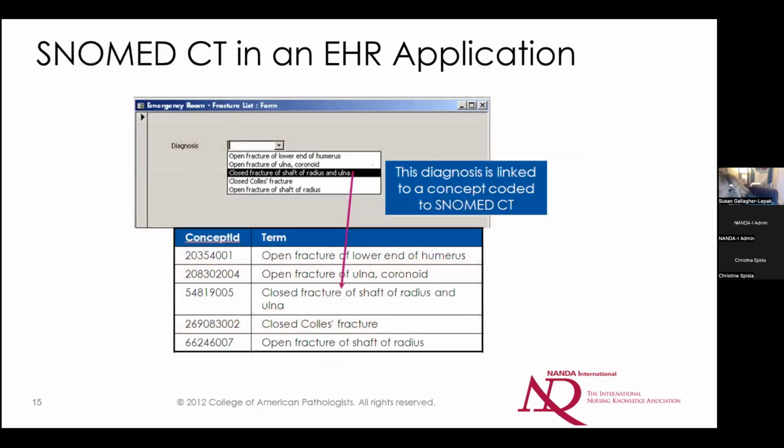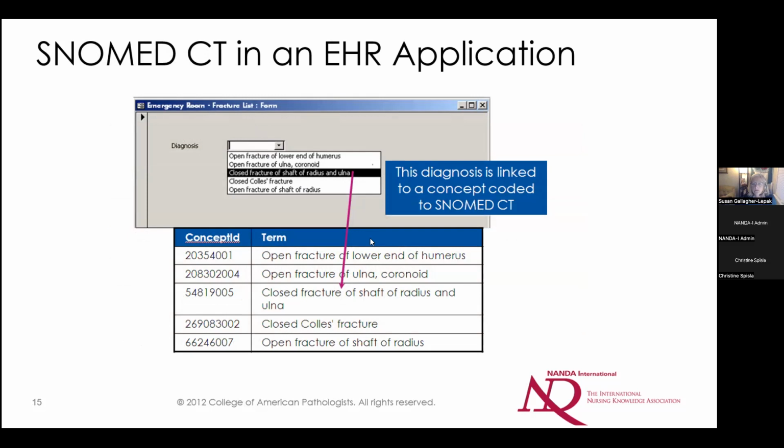So how do you use it? Here's an example of a drop-down list in an electronic health record. Unfortunately, my example is a little old, but it still works. On the drop-down side, the clinicians are seeing the list of these different conditions or diagnoses.